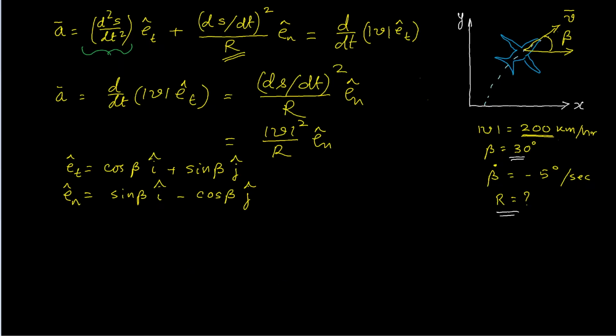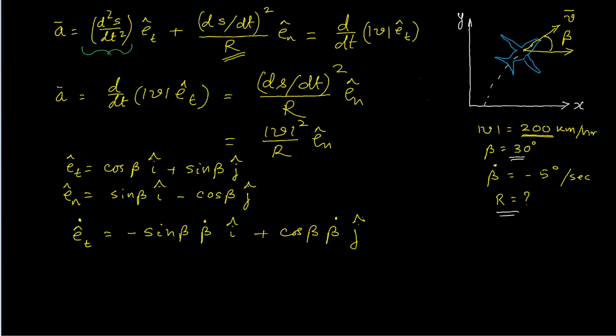Now, what is the time rate of change of et? Let me write that. et dot will be minus sine beta times beta dot in the i direction, plus cosine beta times beta dot in the j direction, and that's what we need.